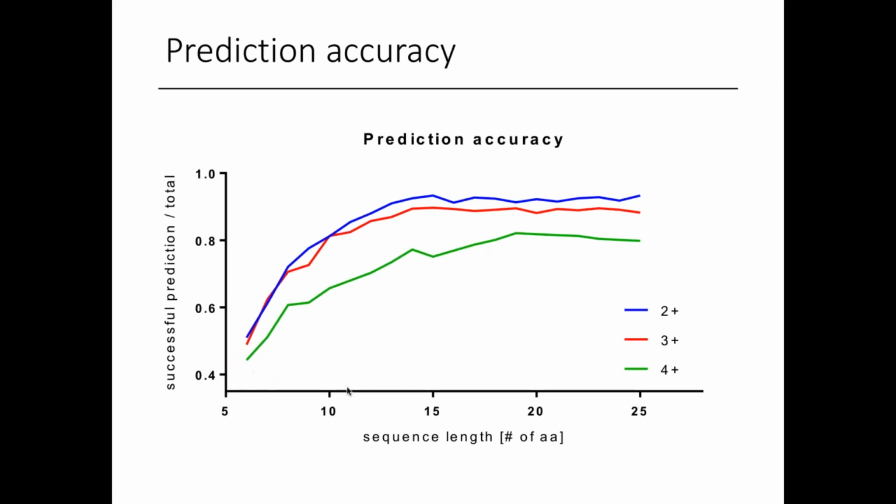Because we started with at least 5 amino acids, our predictions start from 6 amino acids, so the sequence needs to be at least 6 amino acids.